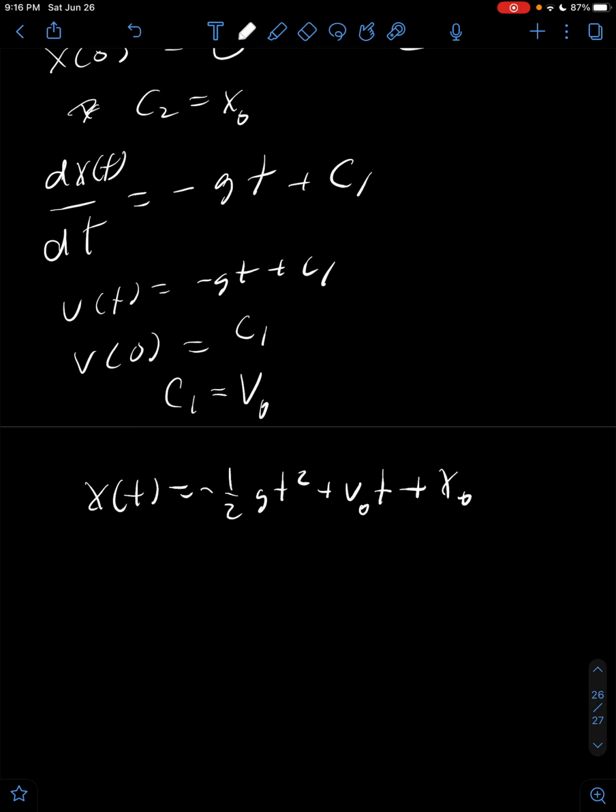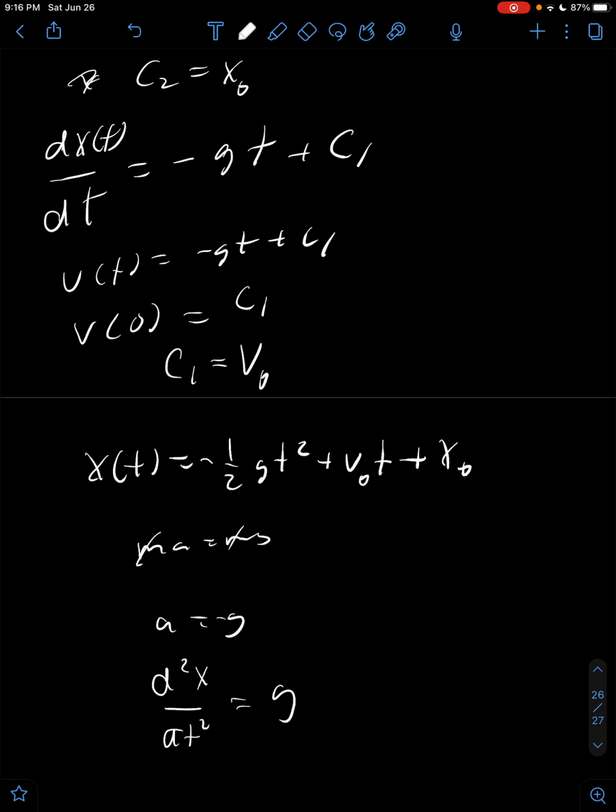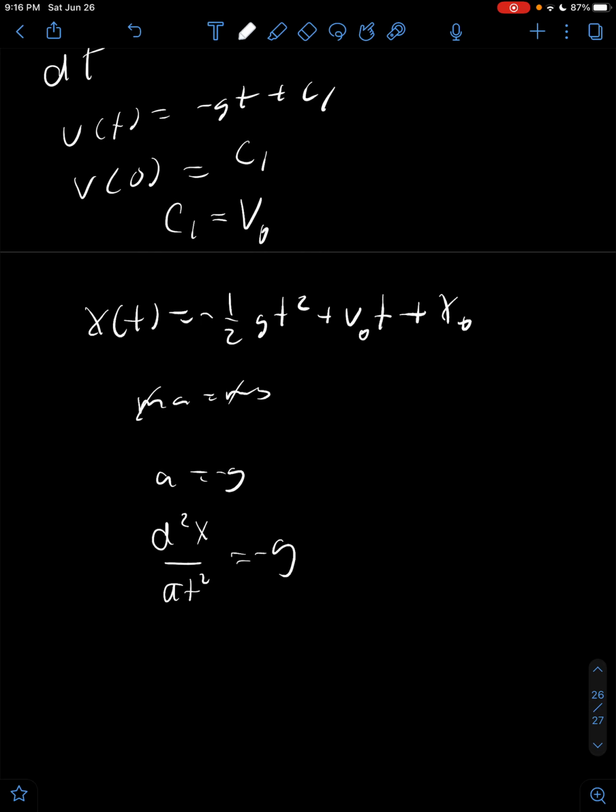We could find it much faster with Newtonian mechanics. I'll show you right now. You have that F equals ma, which equals mg, so a equals minus g. So the second derivative of x with respect to t equals minus g. And we're done.